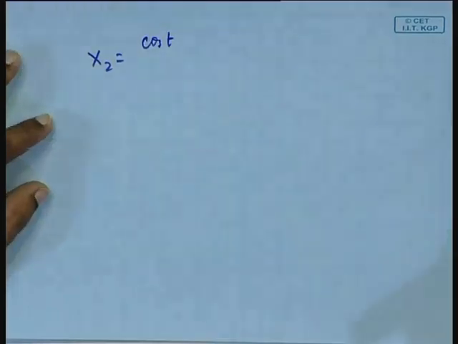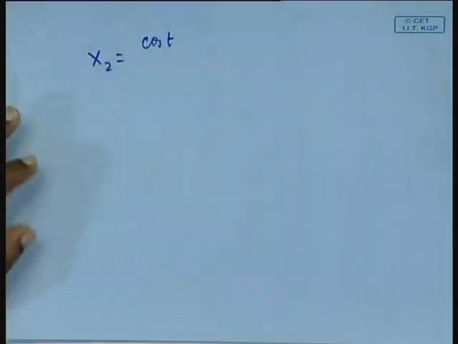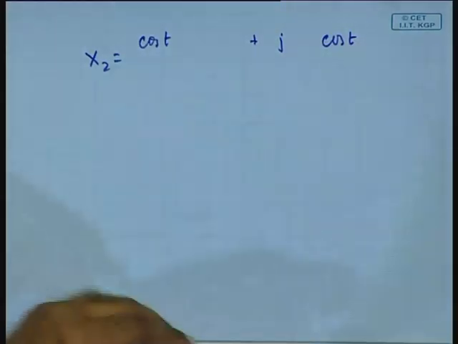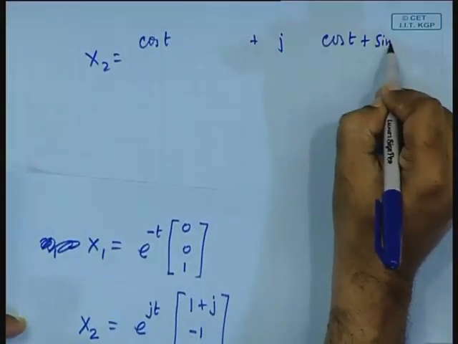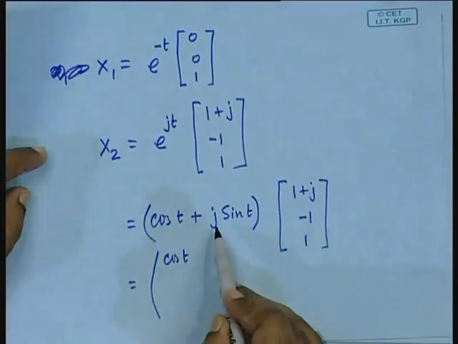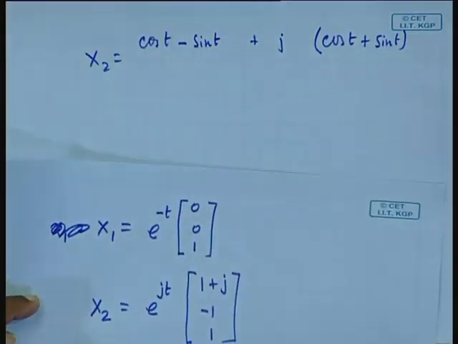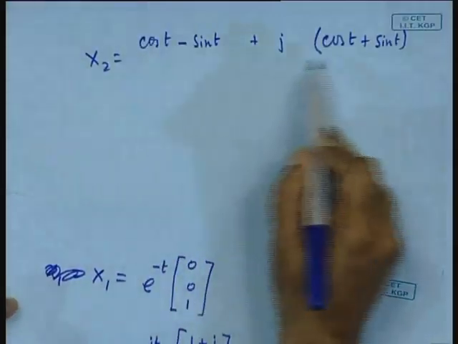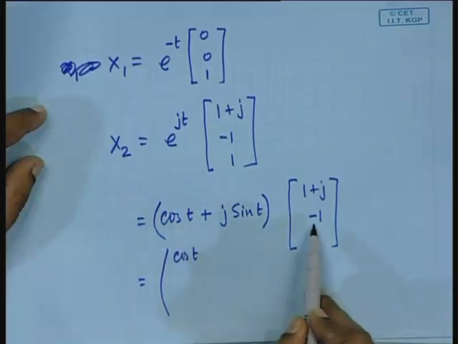Cos t times 1 plus j cos t, plus j sin t, minus sin t, fine, the first line. So, I have just separated them out. Second line is cos t minus 1.